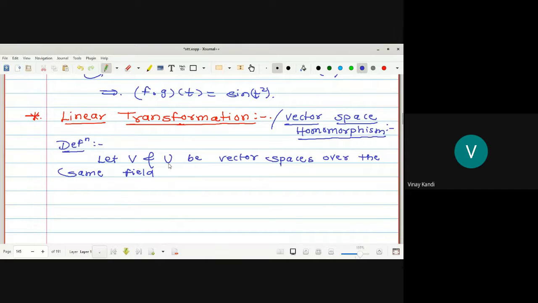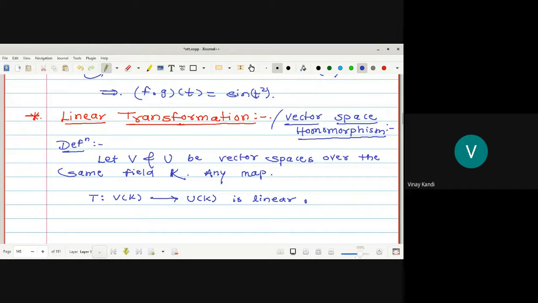V over F and U over F are two vector spaces over the same field. Suppose that field is K. V over K and U over K are these two vector spaces. And any map, any function T from V over K to U over K is a linear map.